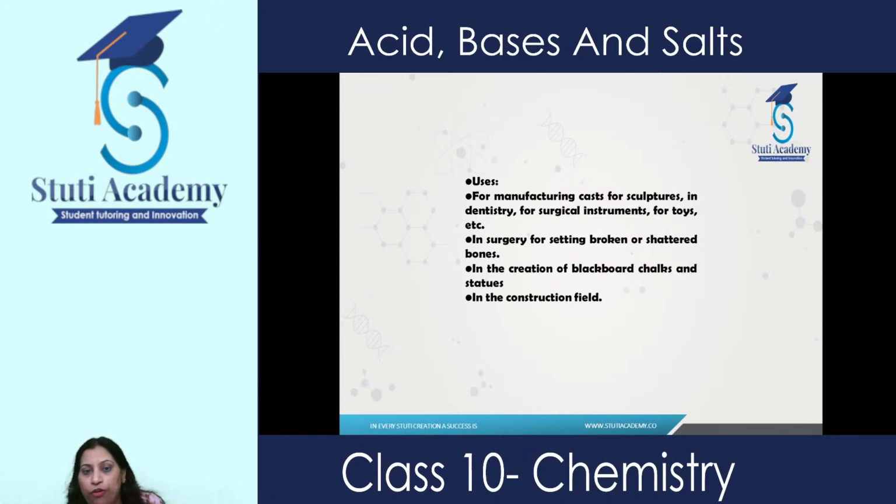In surgery, for setting broken or shattered bones, when there is a fracture, the doctor uses this white colored substance, on which they apply some bandage so that the bones regain their position. Because when they mix this POP with water, it settles. It becomes a hard substance. And in the creation of blackboard chalks and statues, and in the construction field also, we use this POP. Now these are the uses of POP.